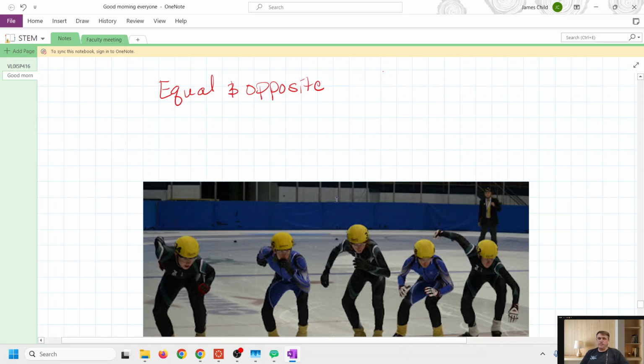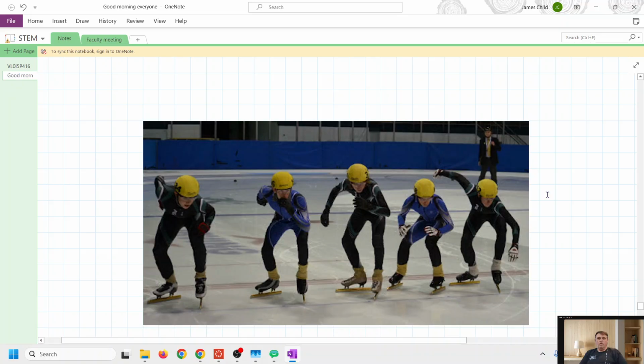Let's look at our skaters down here. Now here on the ice, the skates don't have a lot of friction. As a matter of fact, they're designed not to. If I circle this one here, see how this skate is pointed in the direction of travel? There's not going to be much friction on that.